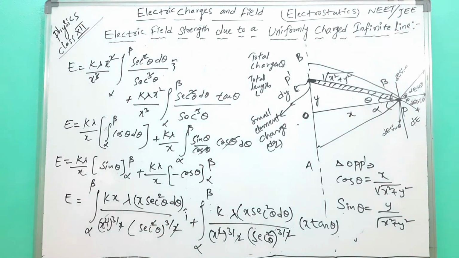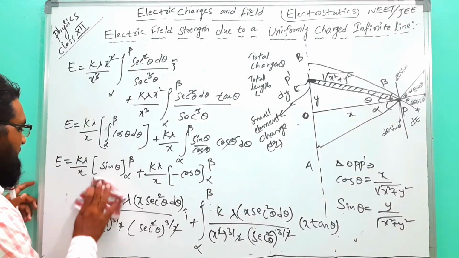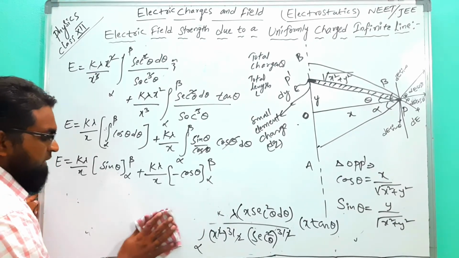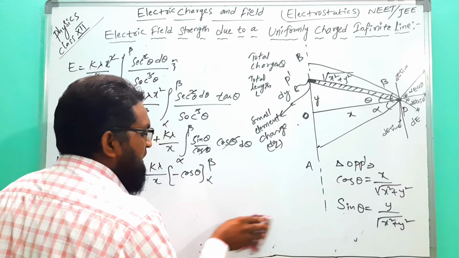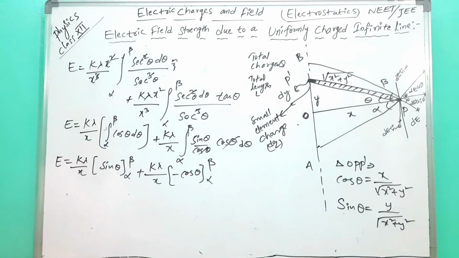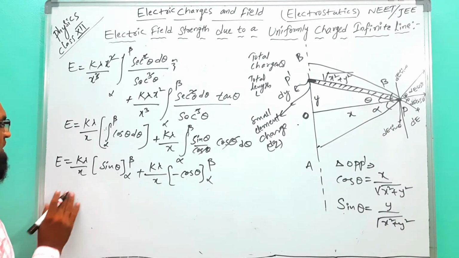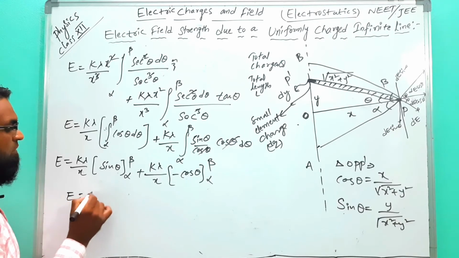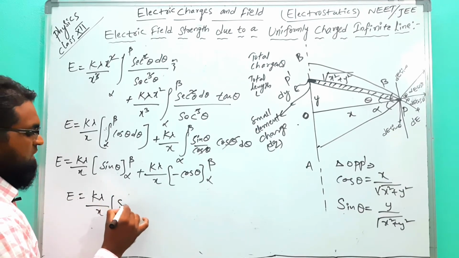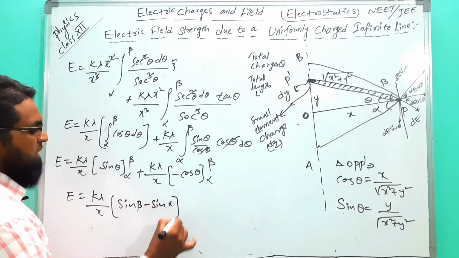See here clearly, this is a very important, very useful video. I am not doing the x-axis and y-axis electric field finding individually, but directly in one step. Some faculties first discuss the x-axis of the electric field, and after that the y-axis, but here E equals k lambda by x, and sin theta means sin beta, upper value minus lower value, so minus sin alpha.